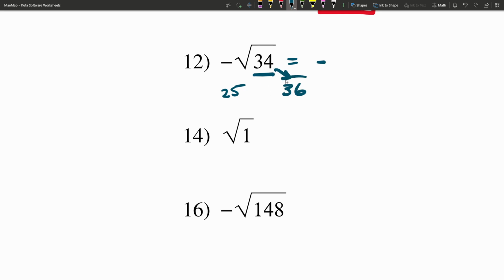It's only 2 away from 36, whereas 34 is 9 away from 25. So because 36 is closer and 6 times 6 is 36, rounding to the nearest whole number, the square root of 34 is closest to 6. So we're going to have negative 6 as our solution.